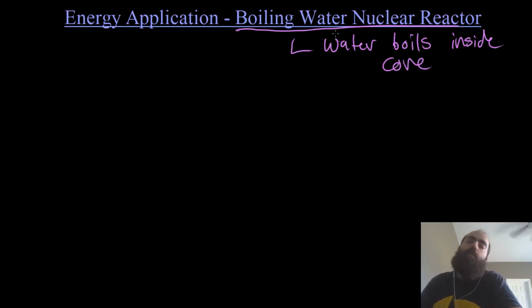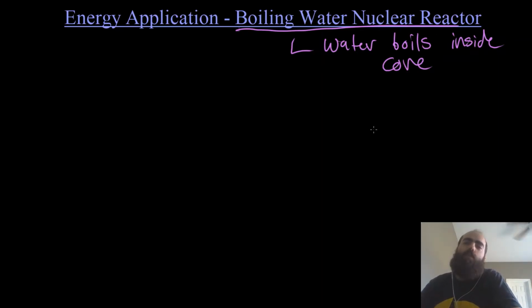Most of the nuclear power plants that we have in the United States are actually not boiling water reactors. They're a different kind. There's advantages and disadvantages to using boiling water versus a different type. The reason I wanted to talk about boiling water reactors is that they're a little bit easier and more simple to draw out and talk about, because they run on one loop versus the other kind of reactor, which runs on two separate loops.